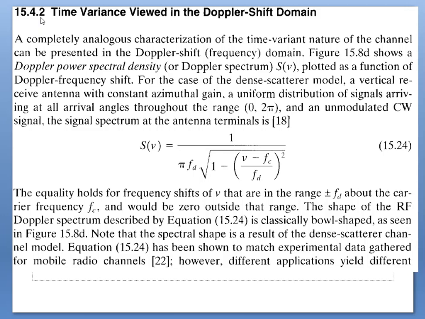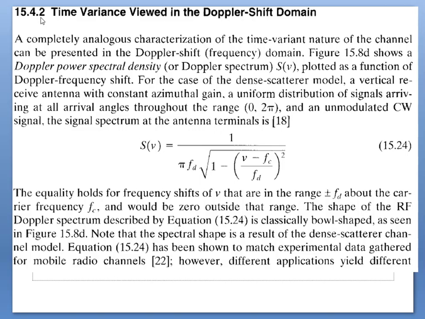For an unmodulated continuous wave signal, the signal spectrum at the antenna terminals is approximately S of v equal to 1 divided by pi Fd times the square root of 1 minus the quantity v minus Fc over Fd, squared. The equality holds for a frequency shift of v in the range of plus or minus Fd about the carrier frequency Fc, and would be 0 outside of the range.